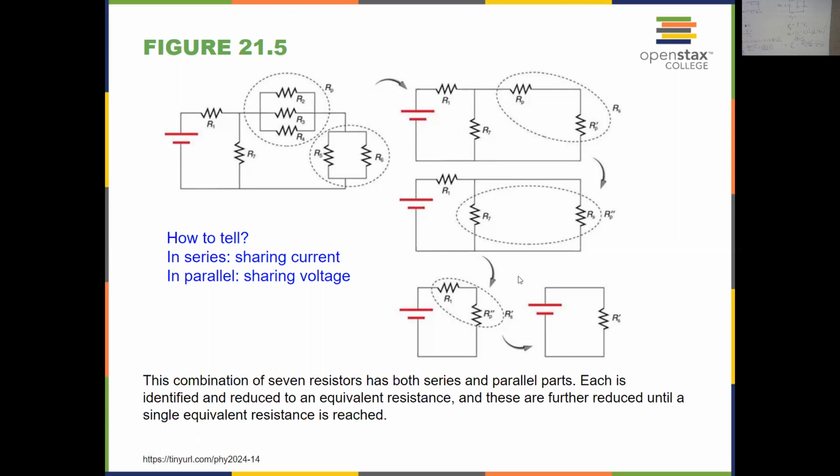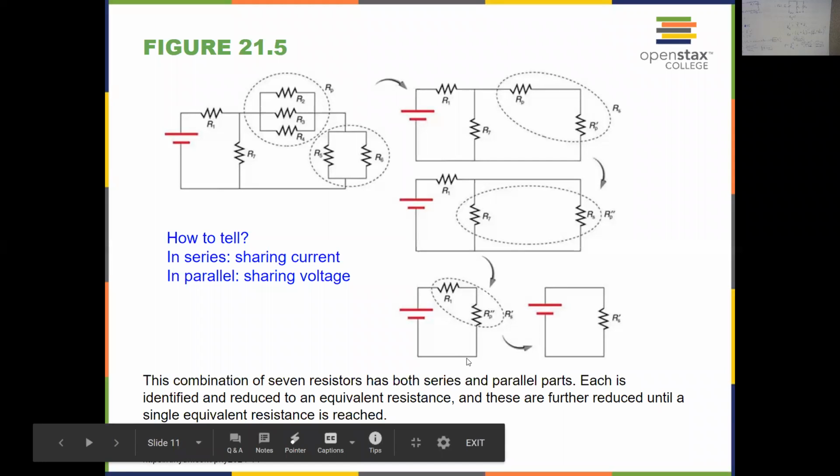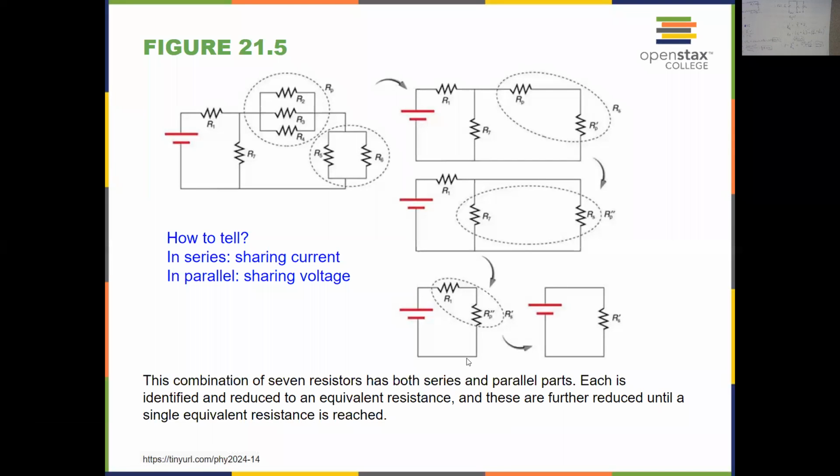So you can calculate each of those equivalent resistors, like the equivalent of those three, and then those two, and then these two, etc. Now, the challenging part is how to identify which parts of the circuit have resistors purely in series or in parallel.